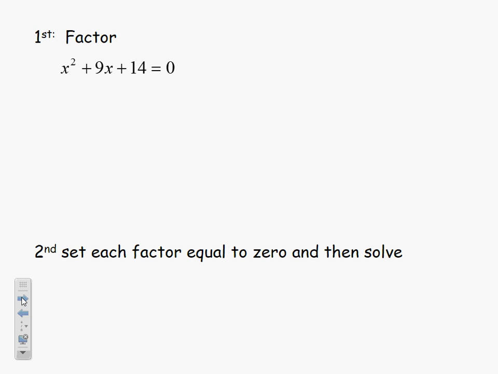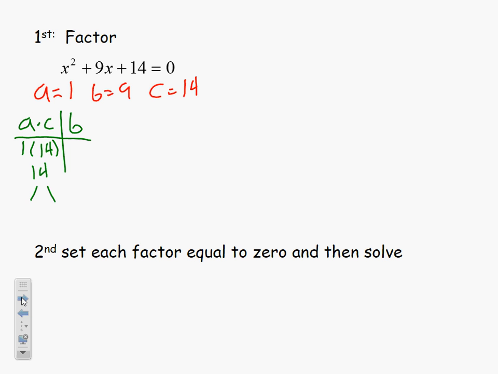All right, first thing we have to do is factor it. So if I'm going to factor this, I have A equals 1, B equals 9, C equals 14. I have to take my A times my C, and that number, we have to find something that adds up to our B. So I have 1 times 14, which is 14. Now, what number adds together to equal 9?